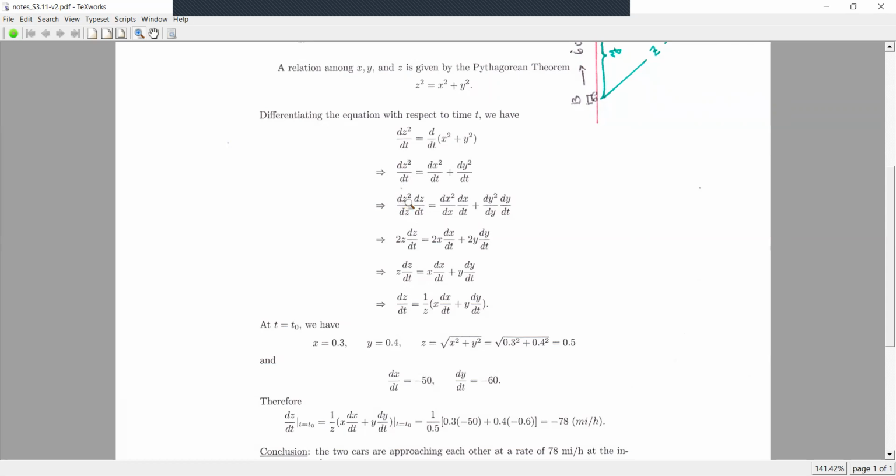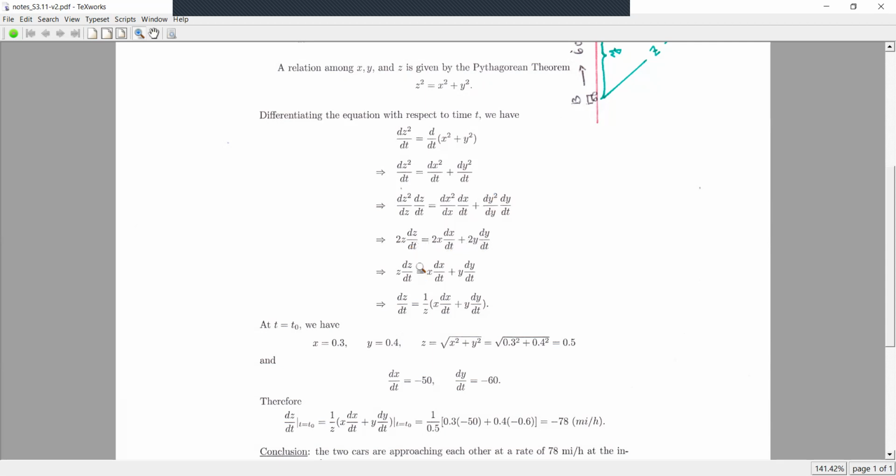Derivative of c squared with respect to c is 2c. Derivative of x squared with respect to x is 2x, and derivative of y squared with respect to y is 2y. Now, divide both sides of this equation by 2.